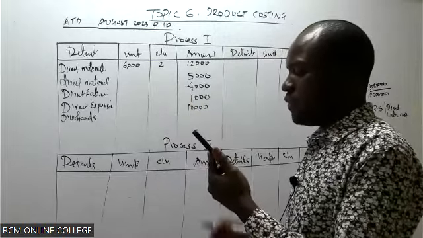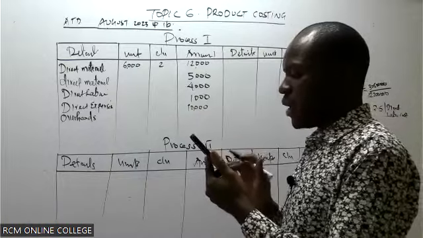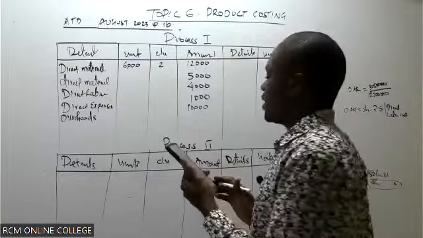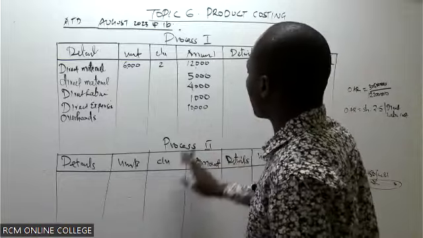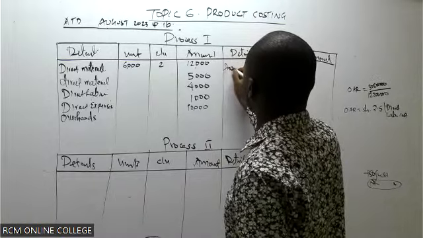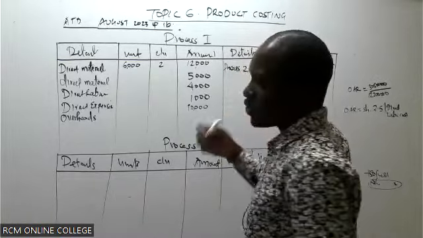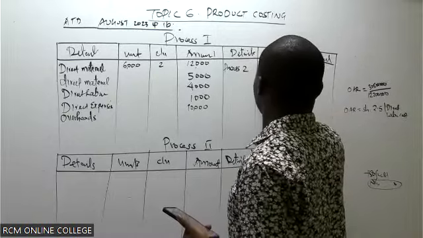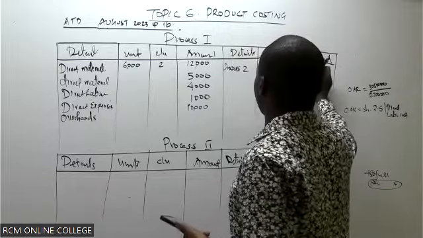Then if you go to the information given to us there again, we are told the output is 5760. This output is going to process 2. So I indicate here process 2. The actual output is 5760 units. I do not know the cost.